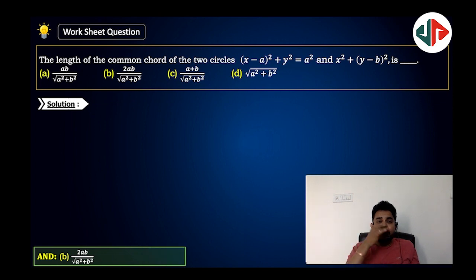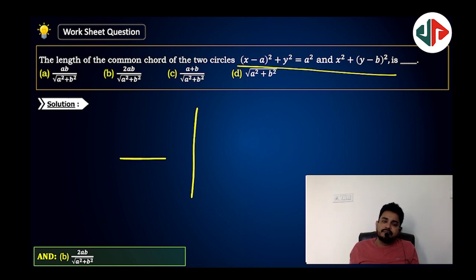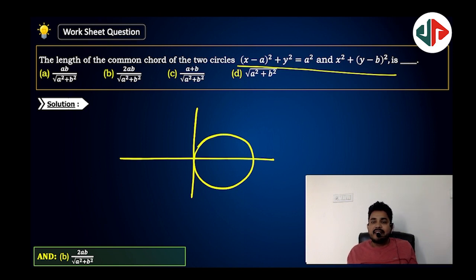Length of the common chord. See, I suggest you to remember this one as a formula, but what is the general thing? If you look at here, this is the circle here, and this is the other one.